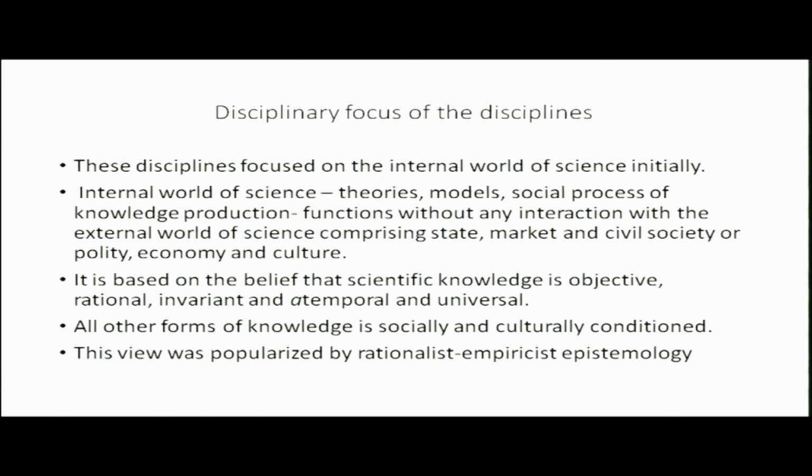This view was popularized by what is called the rationalist empiricist epistemology of science, and initially the philosophers said that which is universal and rational does not need any sociological explanations, because sociology and social sciences are concerned with the variations in the interrelations between phenomena across time and space.